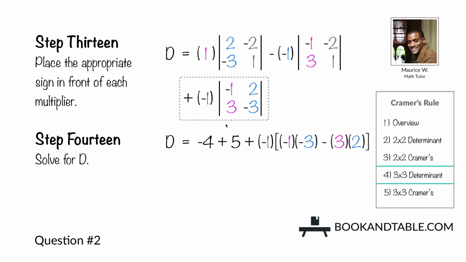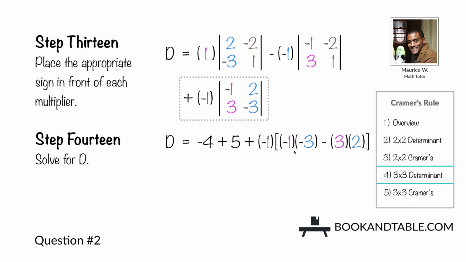And now our third 2 by 2, we have -1 times -3 minus 3 times 2. And we'll multiply this times plus -1 or -1.